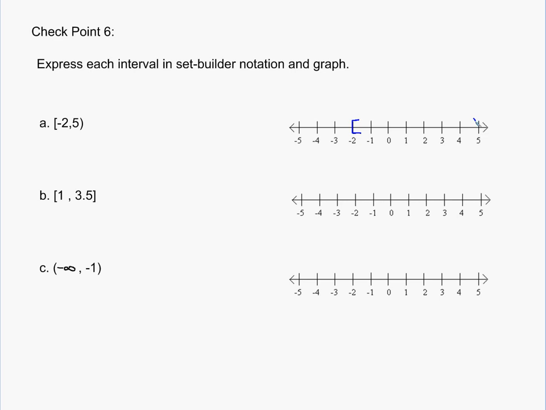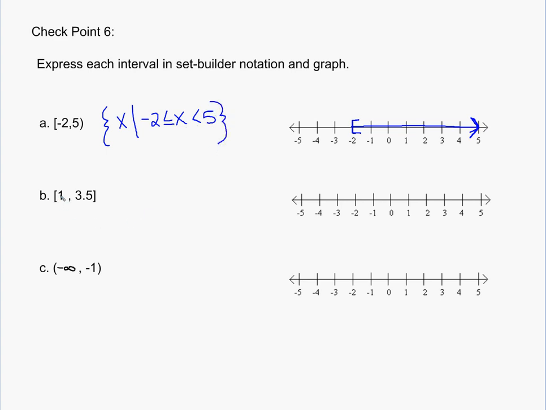Then I locate 5 and x can't be equal to 5, so I put a round bracket, and then I draw a line between those brackets to show that x can be any number between. My set builder notation, I have x as my variable, where x is going to be greater than and equal to -2, but it's going to be less than +5.